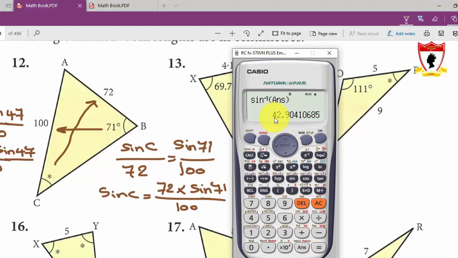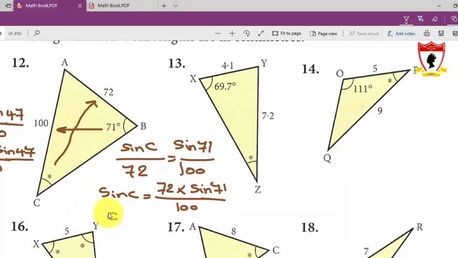It gives 42.9. We can say angle C is nearly 43, or you can just copy 42.9. So angle C, this C is this C capital. Angle C is 42.9 or nearly 43 degrees.